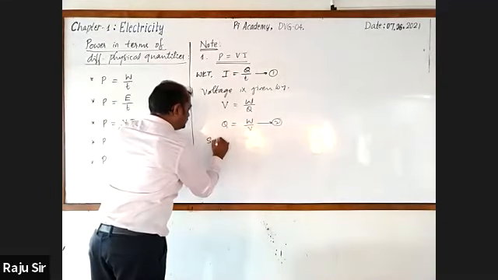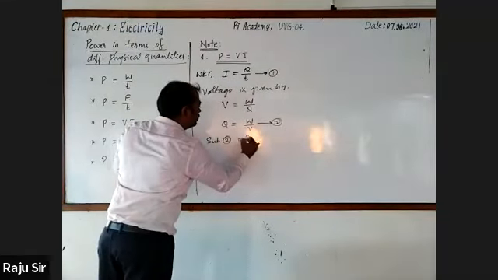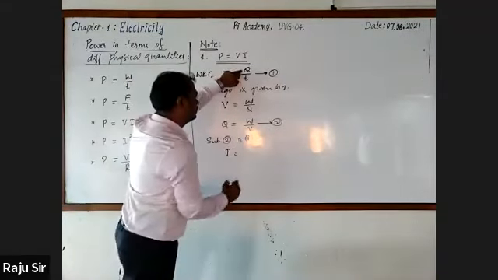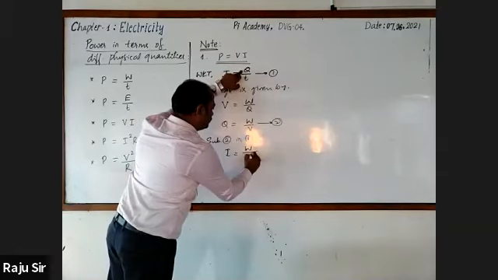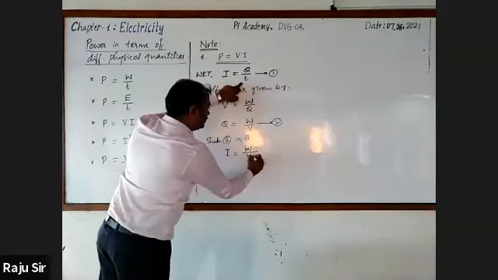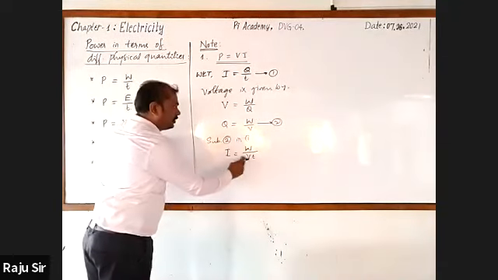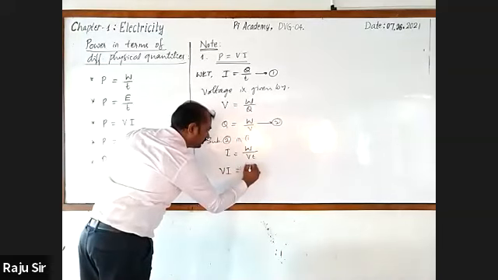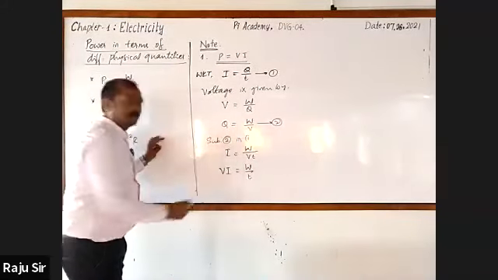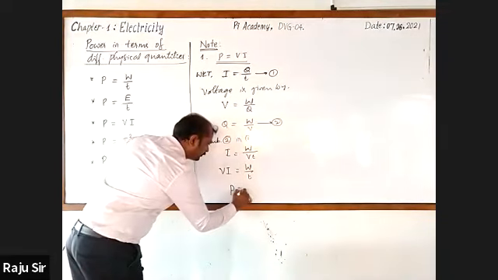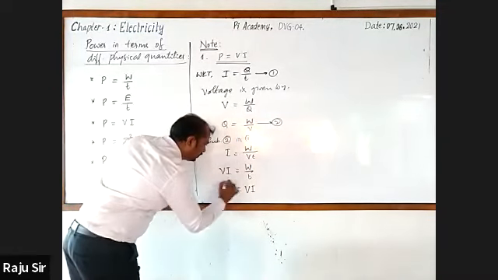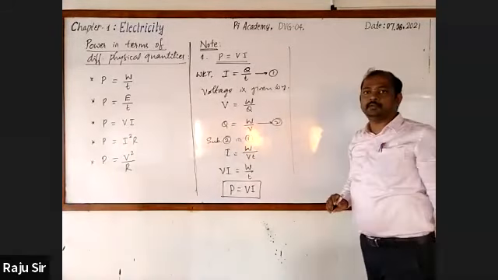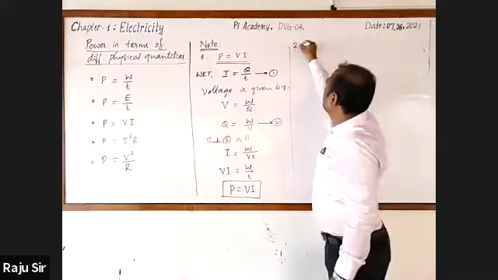Next step, substitute 2 in 1. Then I is equal to, where Q is W by V and denominator T is there. Now cross multiply: V into I is equal to W by T, where W by T is P. Therefore, P is equal to V into I.